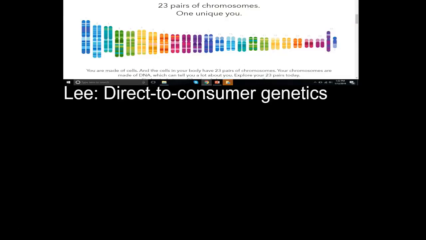Another piece that you read that I think also speaks to this question of how anthropology can be relevant to contemporary issues is Lee's piece, which is about the rise of what are called direct-to-consumer genetics.